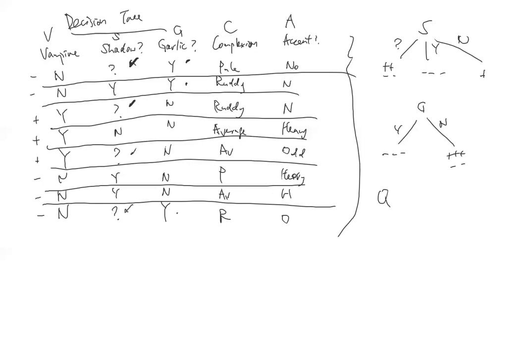Of course you can do it, but I would just let you guess. If I only have one level, if I only consider one feature, which one is the best?